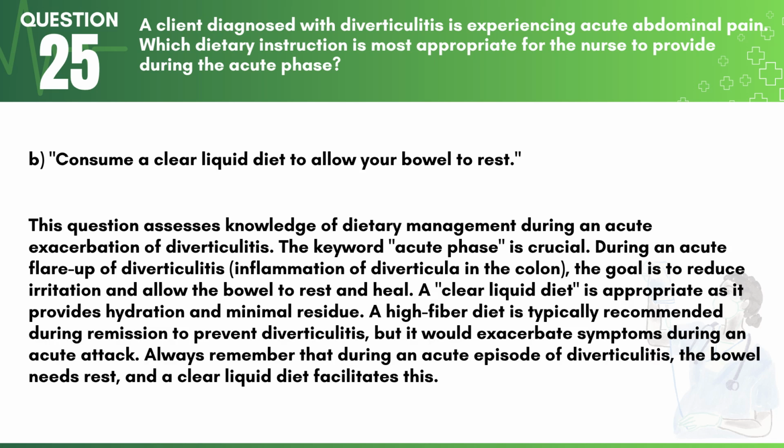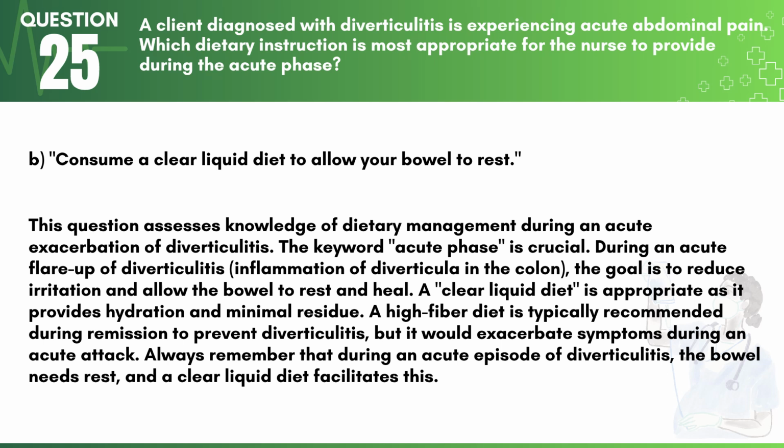Answer: B. Consume a clear liquid diet to allow your bowel to rest. This question assesses knowledge of dietary management during an acute exacerbation of diverticulitis. The keyword acute phase is crucial. During an acute flare-up of diverticulitis, inflammation of diverticula in the colon, the goal is to reduce irritation and allow the bowel to rest and heal.